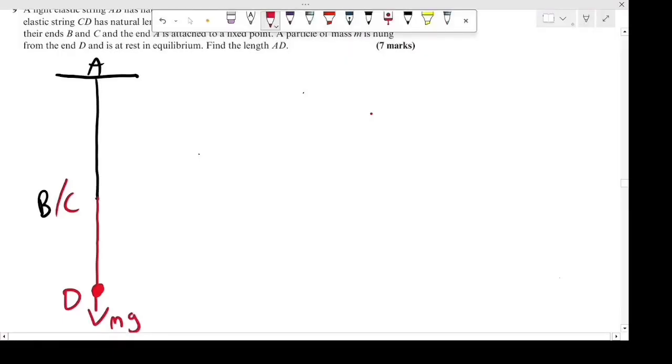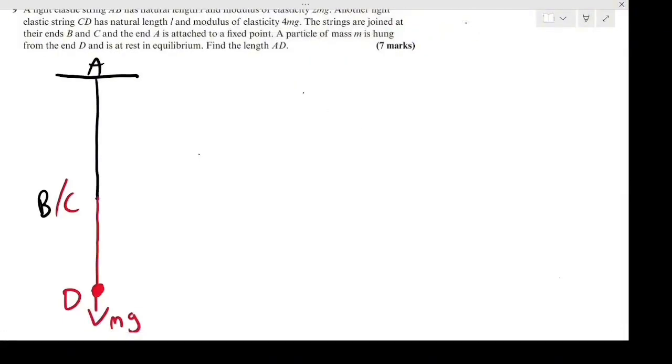This is where it kind of deviates a little bit from the other questions. In the other questions, the particle was in the middle, which split the string in two. But here, the string is connected to make just one long string, because the particle's at the very end. So there's just one tension force.